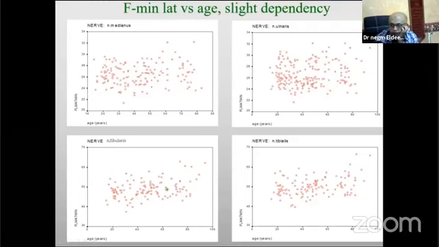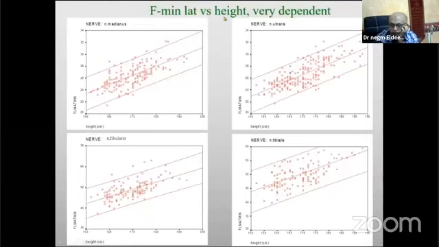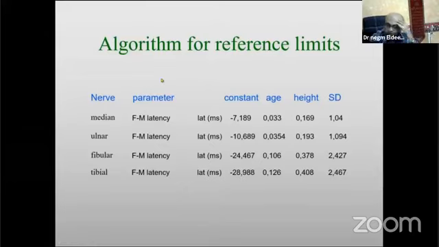A slight tendency maybe, but when it comes to dependency on height, it is very pronounced naturally because we record only latency. We do not recalculate that into some kind of pseudo velocity. So here are the different graphs for the dependence on height. And in real life, we combine the two with an algorithm.